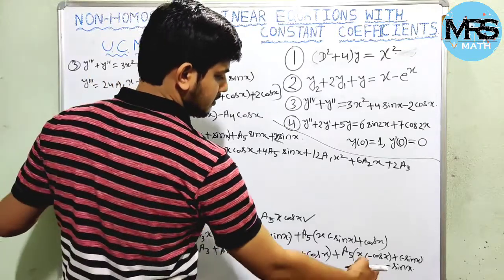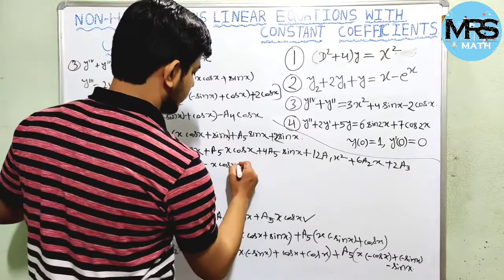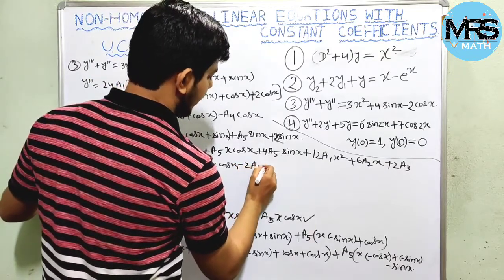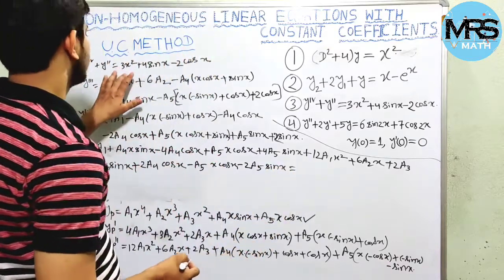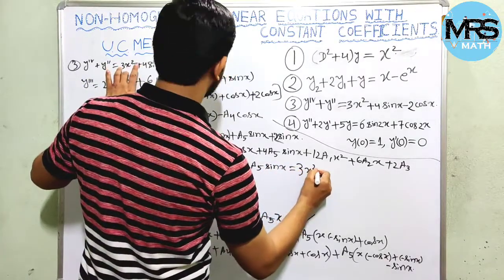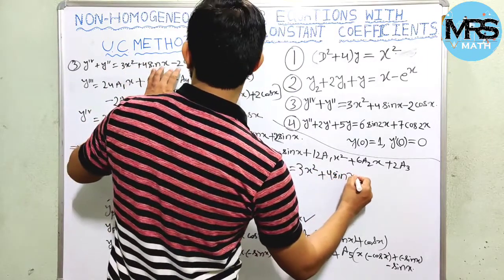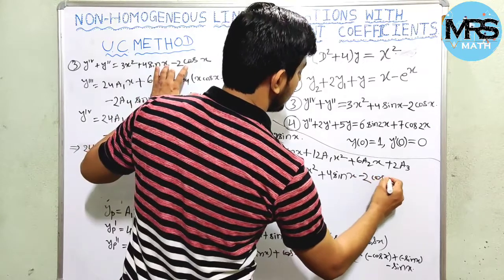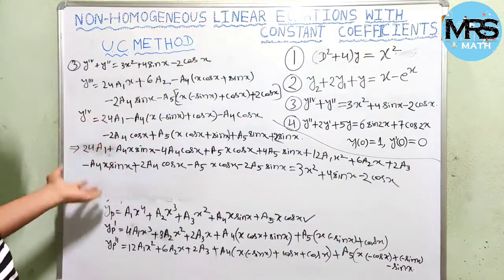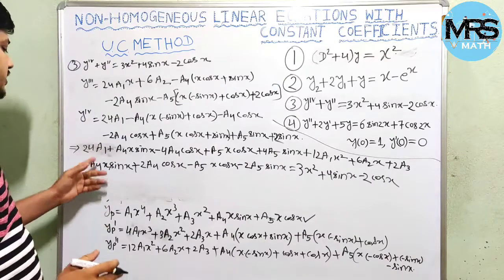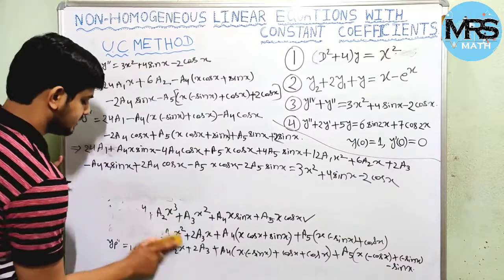This is minus 2 sin x, so that will be minus 2 a5 sin x, which is equal to our 3x square plus 4 sin x minus 2 cos x. Next job is to compare the left hand side and right hand side to get the unknown coefficients. So now we can erase this one.